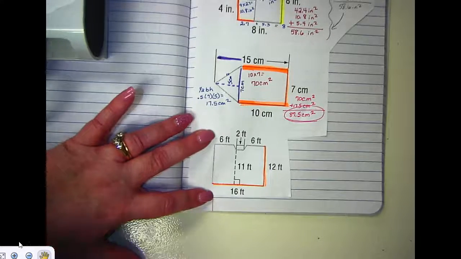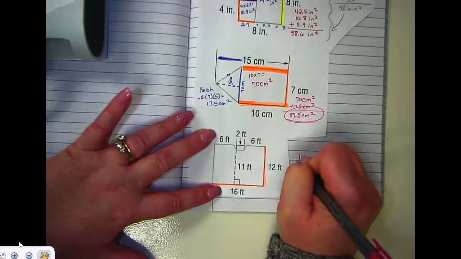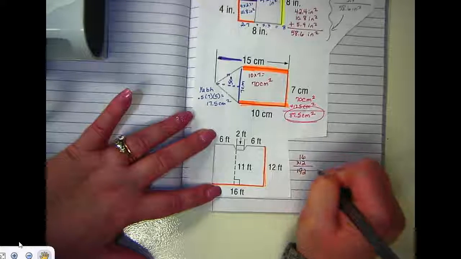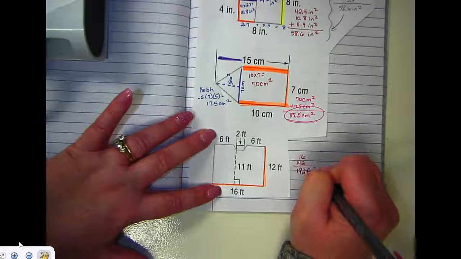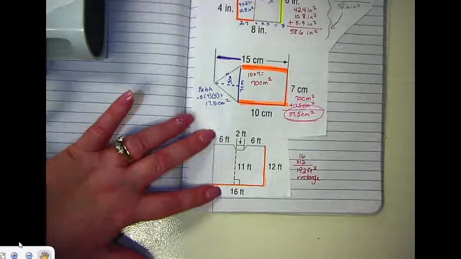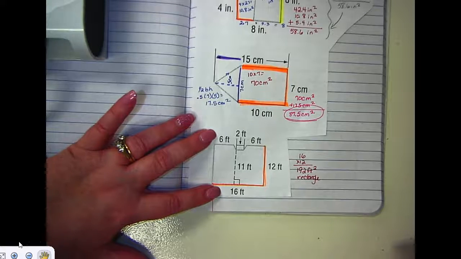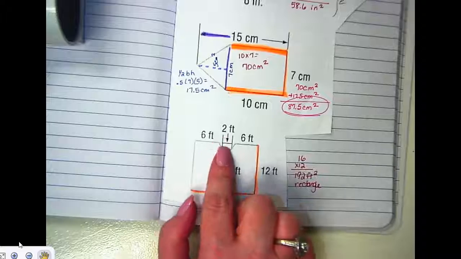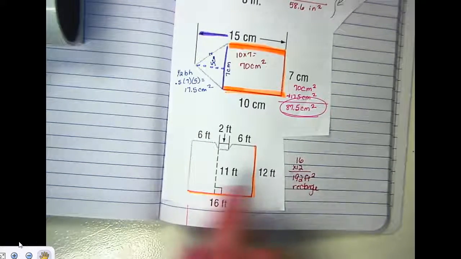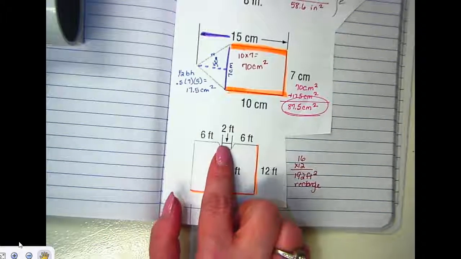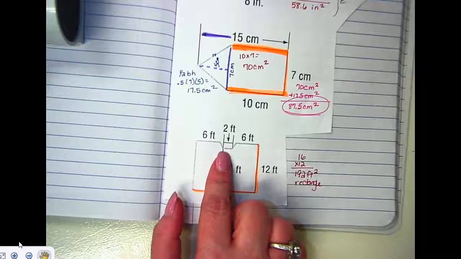So we're going to say 16 times 12, and we're going to get 192 feet squared for the rectangle. Everybody see that? What shape is this that's missing? This is smaller than this. That's a trapezoid. Do you all see how that's a trapezoid?